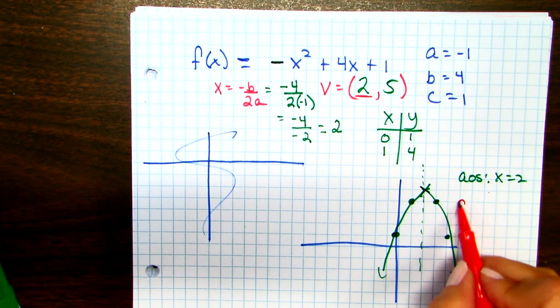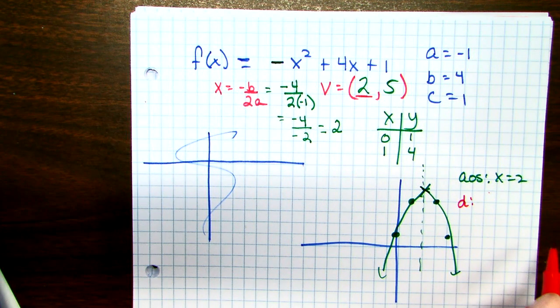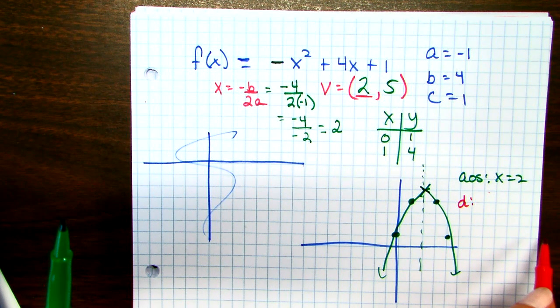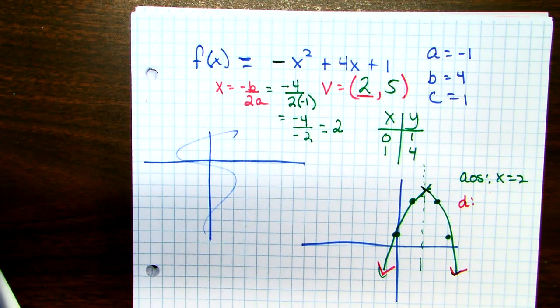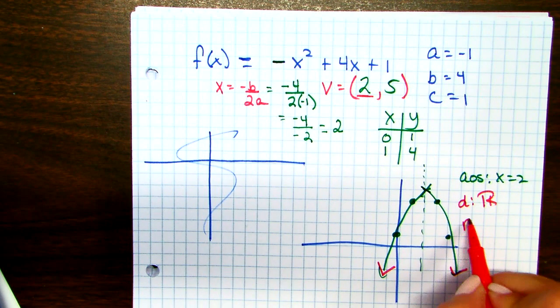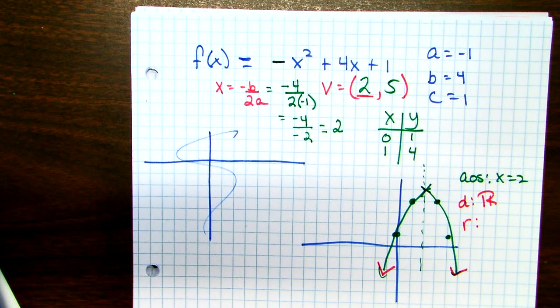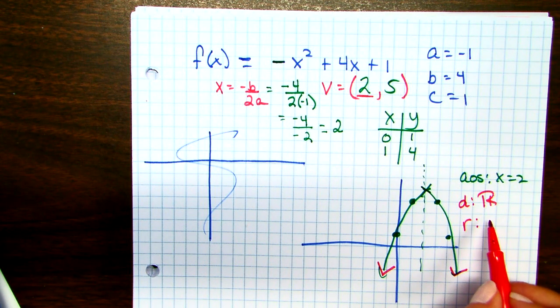Domain and range. Domain on these is always all real numbers. As we go down, those arrows are also going left and right forever. Careful on the range. Anyone remember how to say the range on this one? Kind of, Mandy. So Mandy said negative infinity.